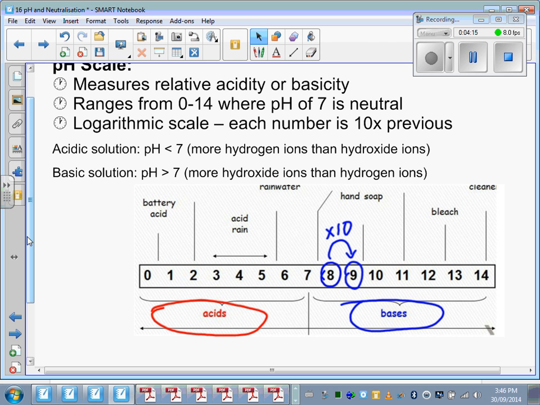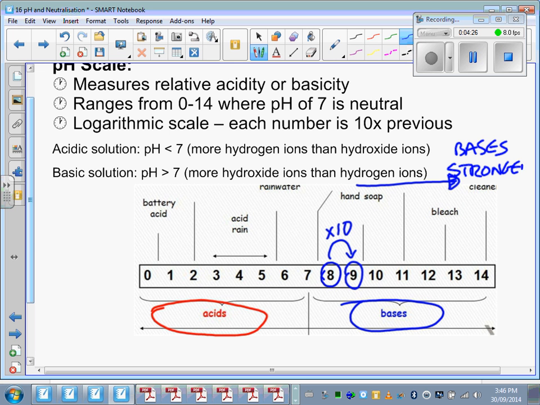As we move from neutral pH of 7 to the right, the bases become stronger, and as we move away from neutral to the left, the acids become stronger. Okay, so that's how you know the relative strengths.